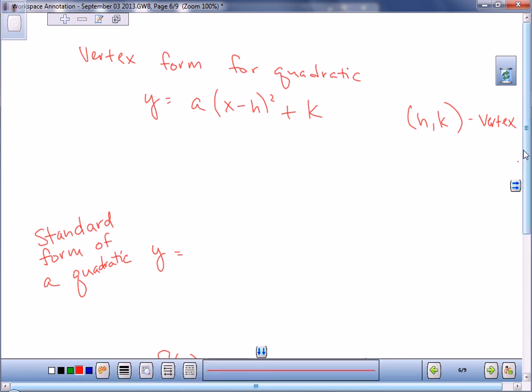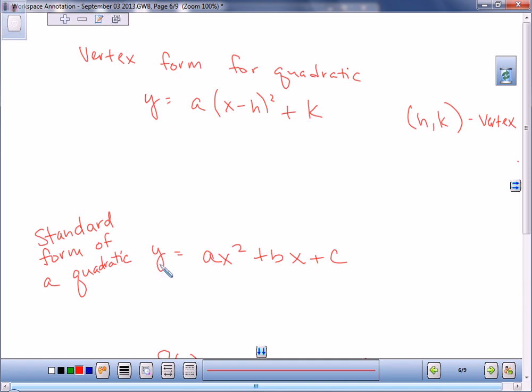Now today we're going to look at standard form. So let's see how we could take vertex form and get it into standard form. Do you guys know that standard form is ax squared plus bx plus c? So we have our squared term, we have our linear term, and we have our constant. And so that is standard form for a quadratic, y equals ax squared plus bx plus c.